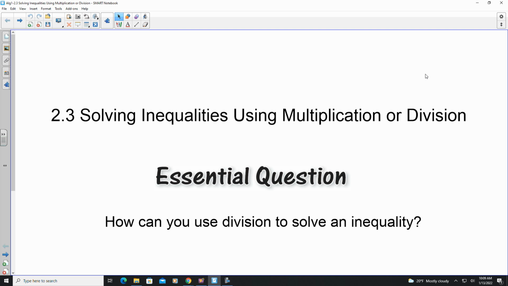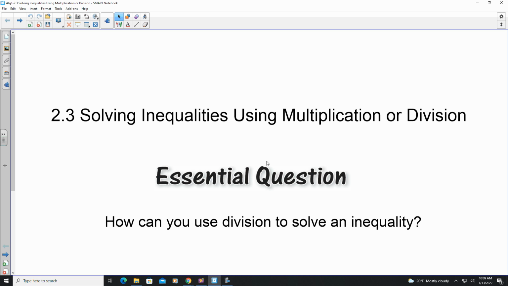The one thing that changes when it comes to multiplication or division is the need to change the inequality sign with respect to what you are multiplying or dividing.